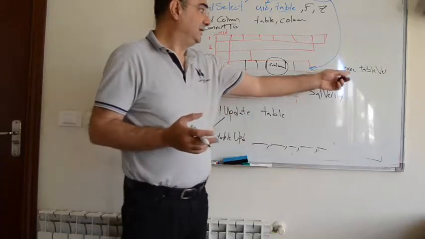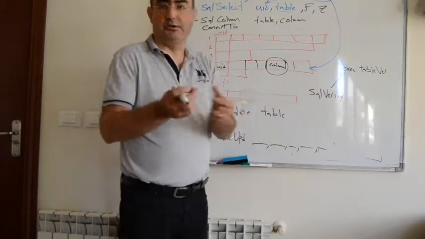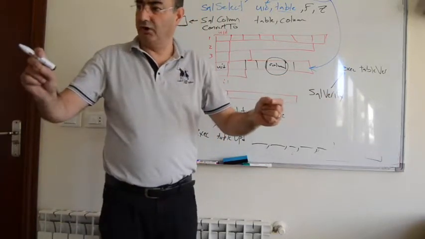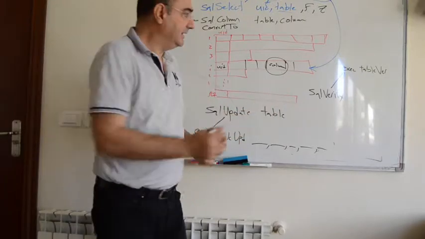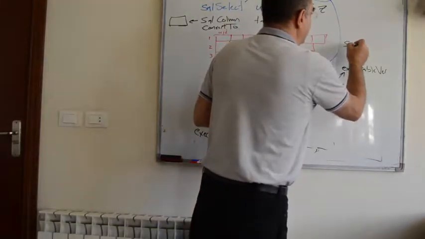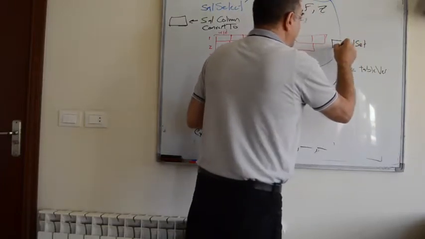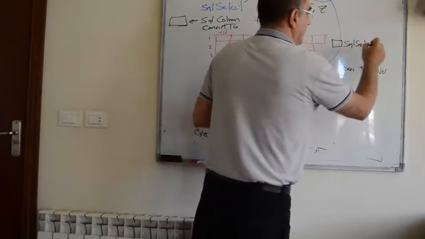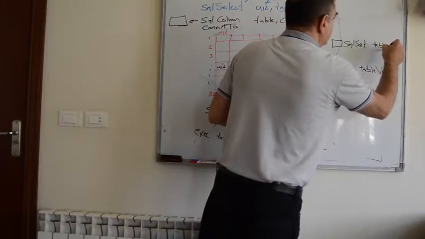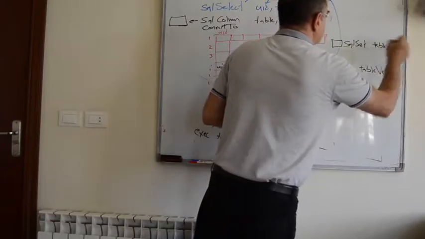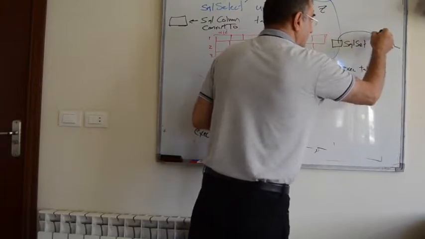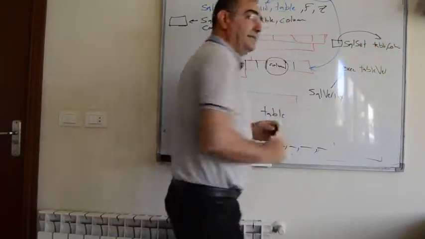But since we cannot pass more than one parameter in one column, in one place, there is a function called Sql Set that we use. We say, take a value from here and set it in the table, comma, column.